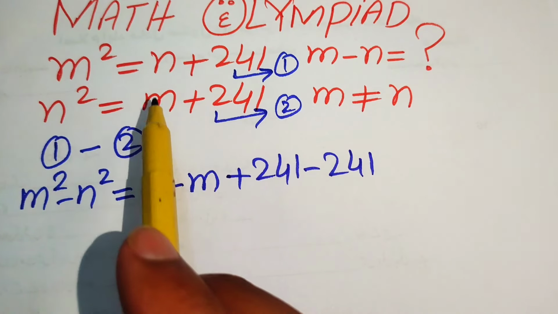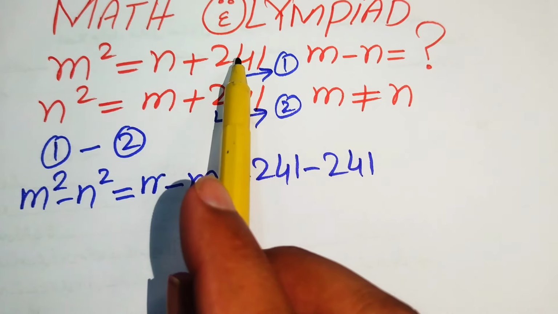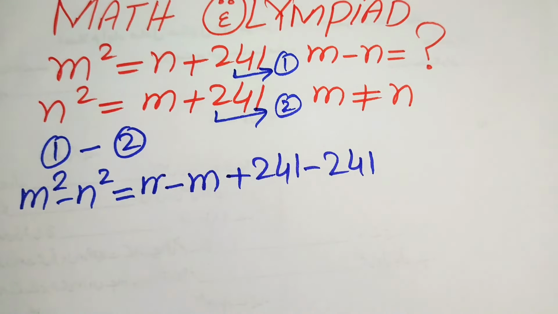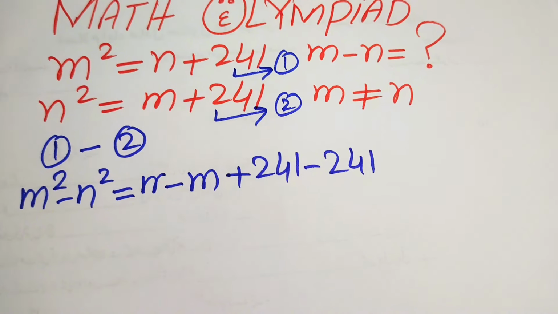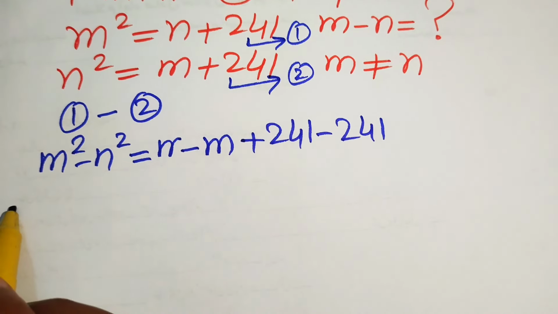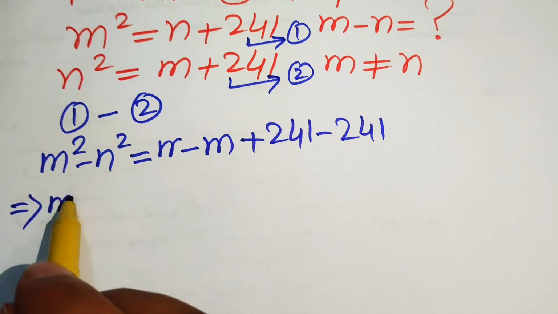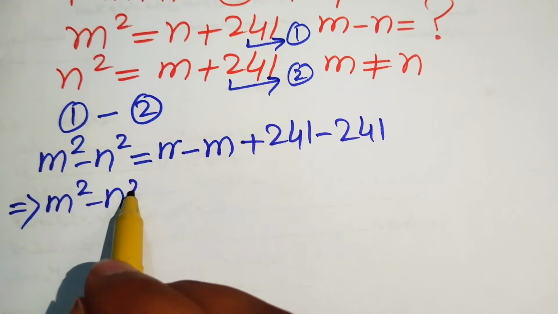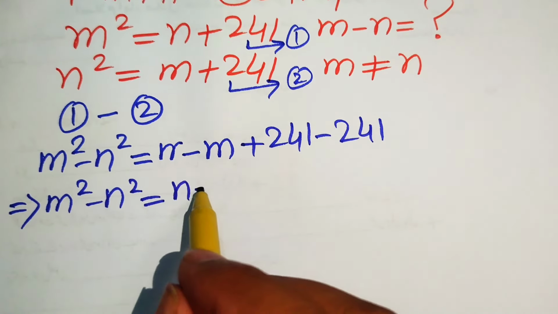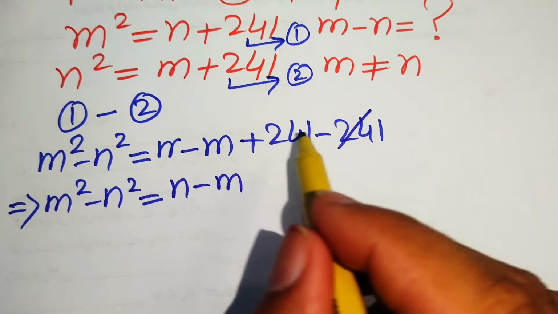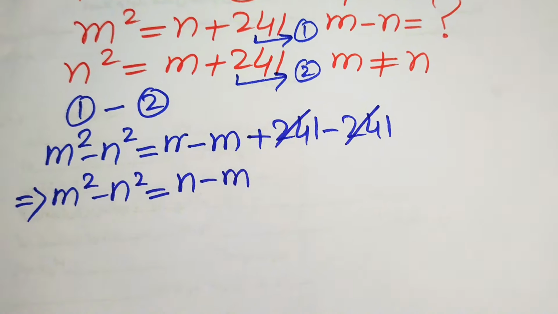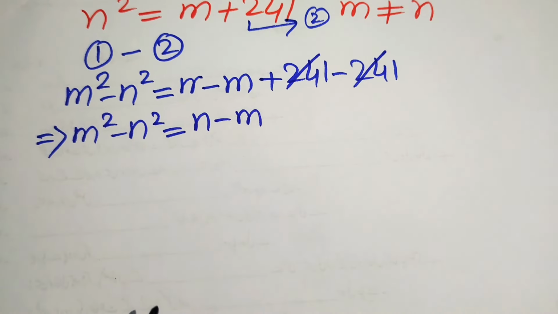Because we subtract 1 by 2, we write the first and then the negative of equation number 2. This implies m square minus n square equals n minus m, because the negative and positive 241 cancel each other.